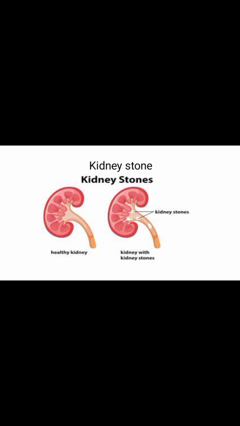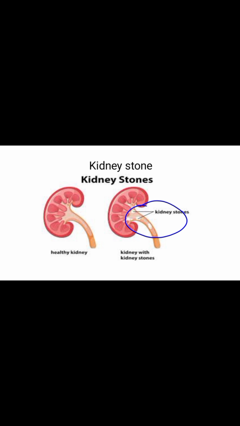You can see in this picture the stones, and the stones are already in the ureter. The ureter is the tube that leads from the kidney to the bladder. So as a result of the kidney stones, the person affected will not be able to pass out urine conveniently.